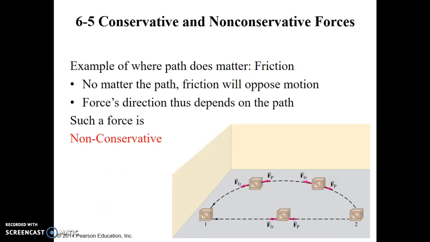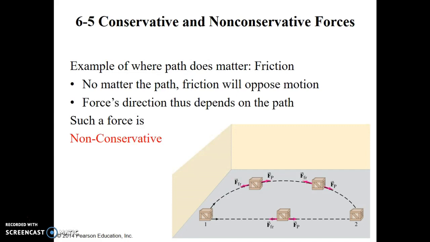Now here's an example of where the path of motion does matter. That would be with friction. Consider in this figure, you have a box moving from point 1 on the left to point 2 on the right. We could go straight from left to right, in which case friction will always point to the left.